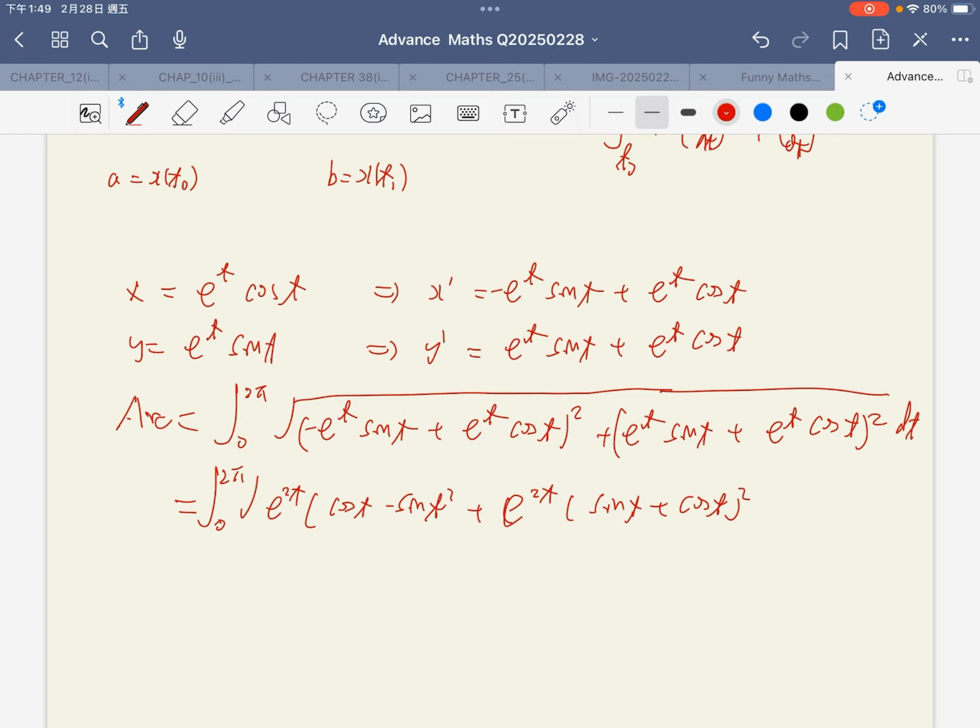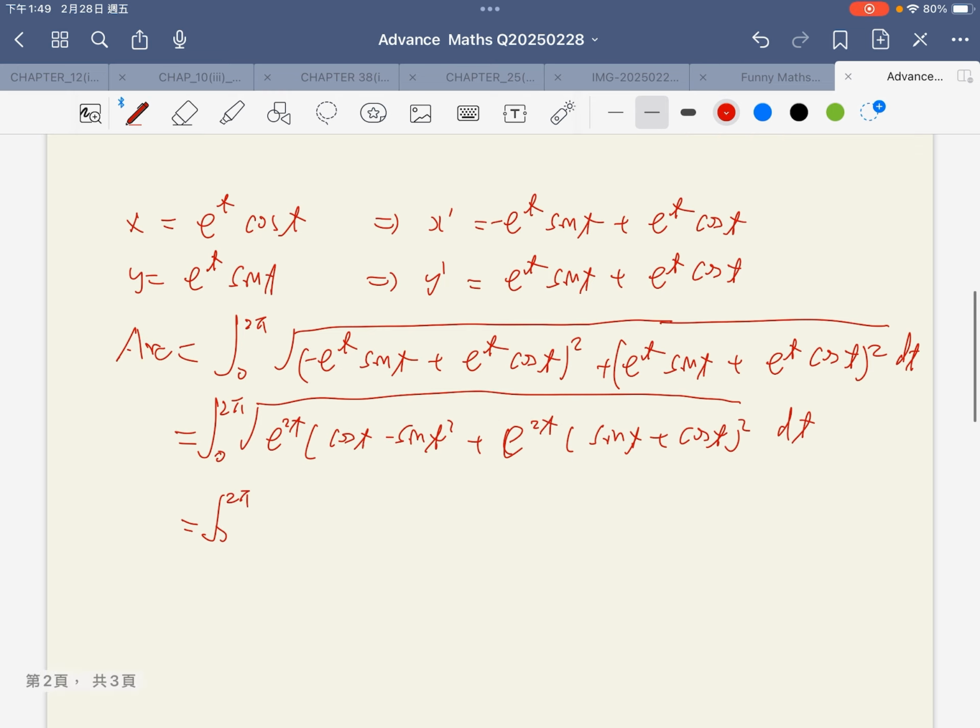Factorize the e to the power 2t outside the square root, which becomes e to the power t, and expand these two brackets.